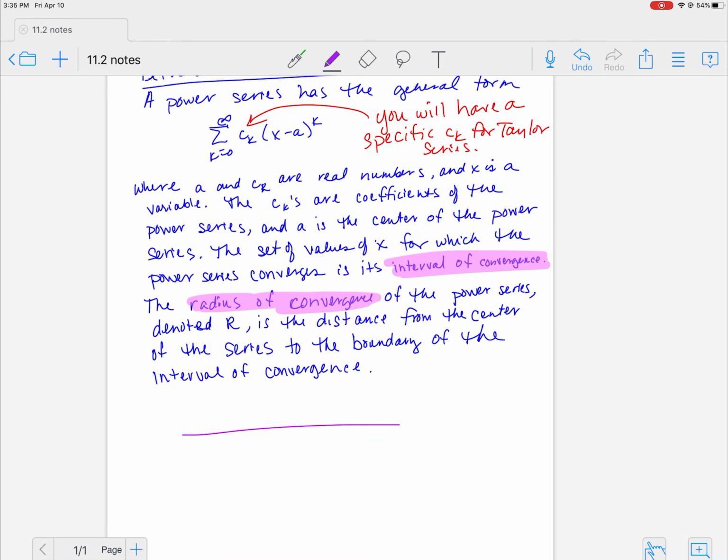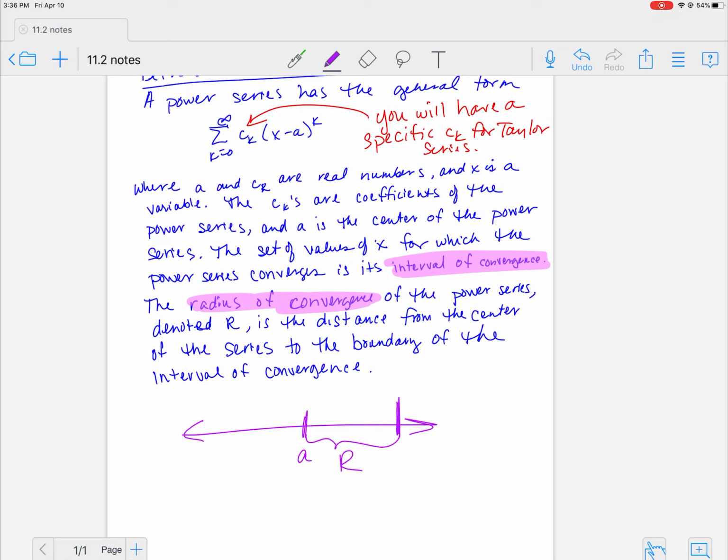So what we're actually doing here, let's say I have this a right here, right? So I'm centered at a because that's the whole point, right? I'm centered at a, where a is a real number and a is my center, okay? From a, I have this value out here. So in order to get that value, I have this radius of convergence.